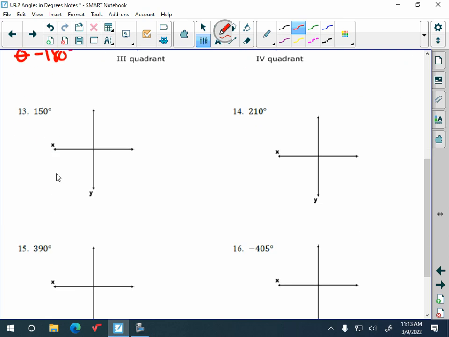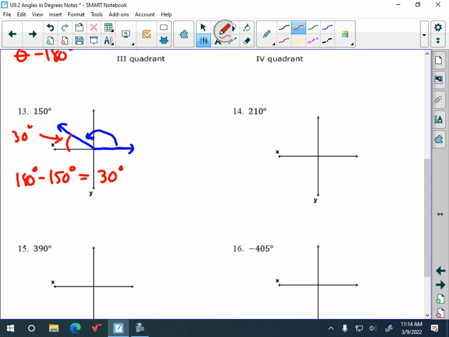All right, so if we sketch a 150-degree angle out, we know it falls in quadrant 2. So here's 150. This is the reference angle right there. So what would that reference angle be? 30, right. Okay. So again, you could use the formula, 180 minus 150 if you wanted to. Or you can just see what you have to add to 150 to get to 180.